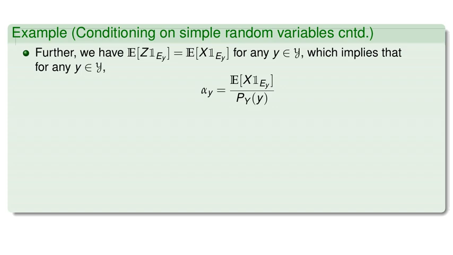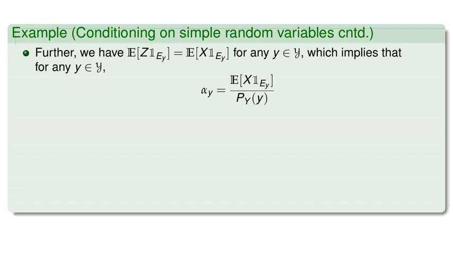Continuing with conditioning on simple random variables, the averaging property tells us that the expectation of Z times indicator E sub y must equal the expectation of x times indicator E sub y, for any y in script Y. Since Z equals alpha sub y on the event E sub y, the left side is expectation of alpha sub y indicator E sub y, which is alpha sub y times the probability of E sub y, or P sub Y of y.